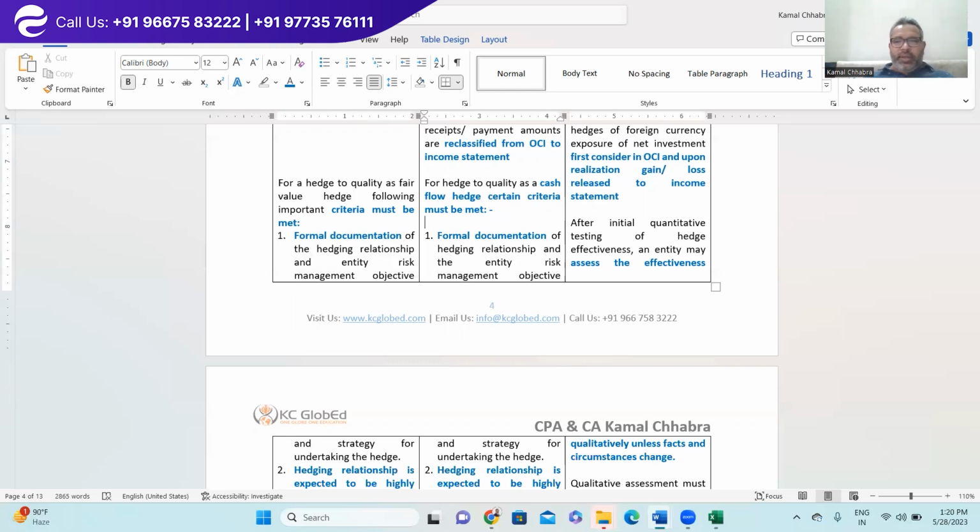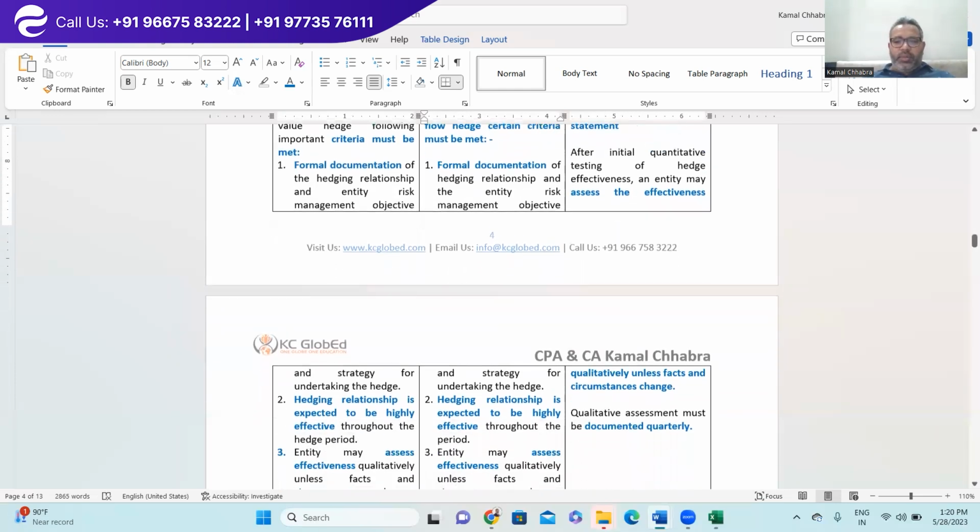Documentation of the underlying asset, the transaction, the pricing, the quantity, and the relationship of the hedge with the underlying asset. That needs to be maintained appropriately.